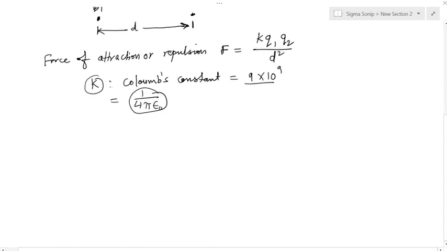And Q1, Q2 are the two charges in coulombs. This is the unit, and d is the distance between them in meters.